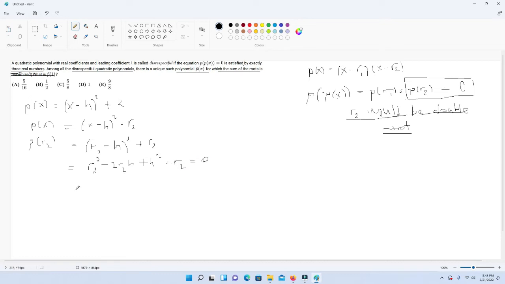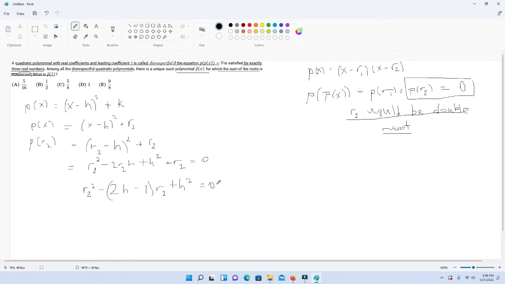And then we can factor this into r2 squared minus (2h minus 1) times r2 plus h squared equals 0.